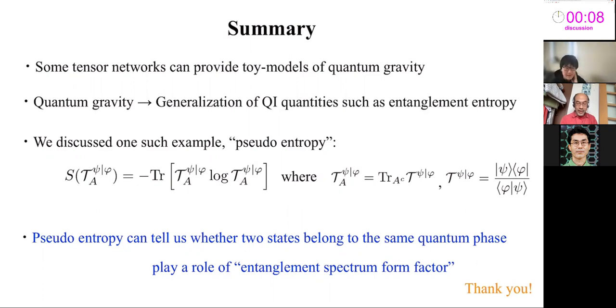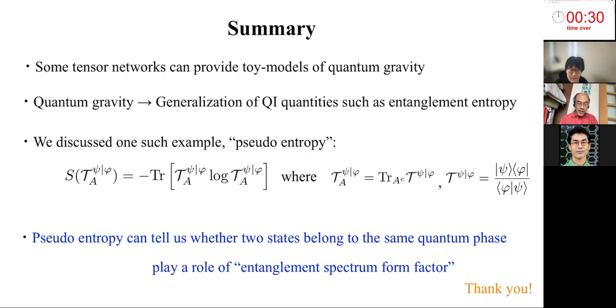Maybe in this limited situation, I could imagine we can have some transition matrix and define pseudo entropy, but it's a kind of classical system, so I'm not sure how we can interpret it as quantum. Maybe you have some idea in mind. Yeah, a one-dimensional slice of a two-dimensional classical system can be identified as a 1+1 dimensional quantum system. I see. Then it's possible, I think. Yeah, thank you.